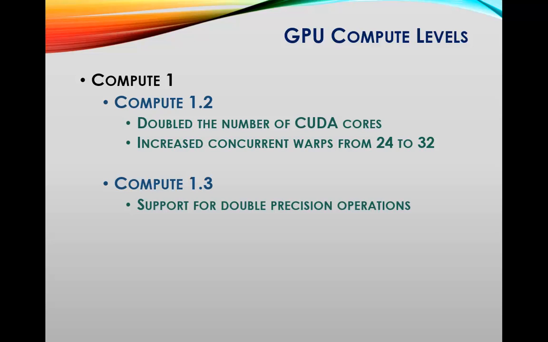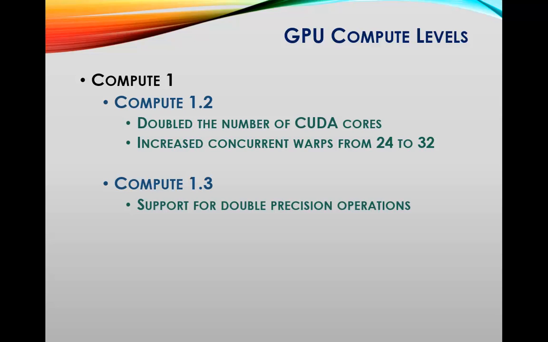Compute 1.2 devices appeared with the GT200 series hardware, and the initial Compute 1.2 devices were the 260 and 280 cards. NVIDIA approximately doubled the number of CUDA core processors on these cards by doubling the number of multiprocessors present on the cards.